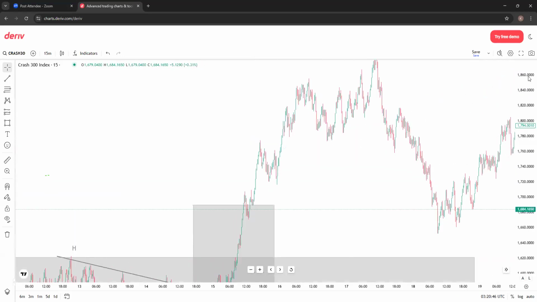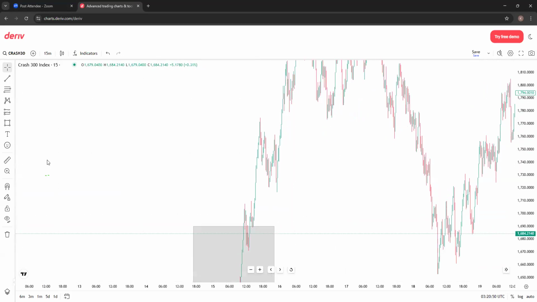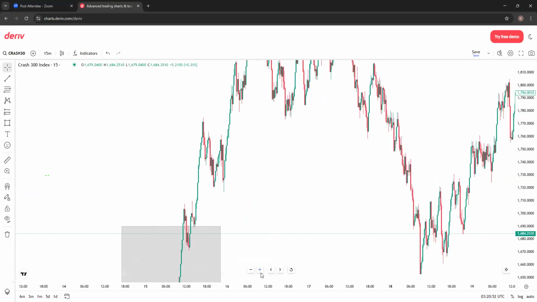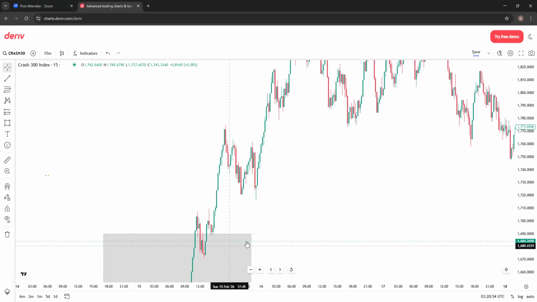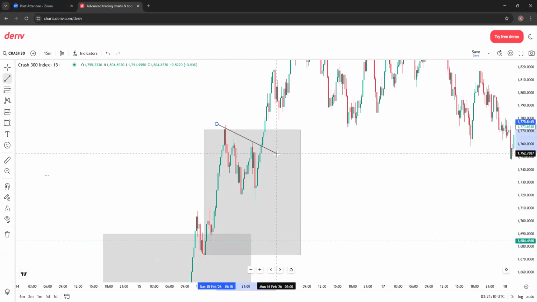And how did that flag play out in that M15? Here it is. So let's mark it with a low and our high, right? And with that flag, here it is.